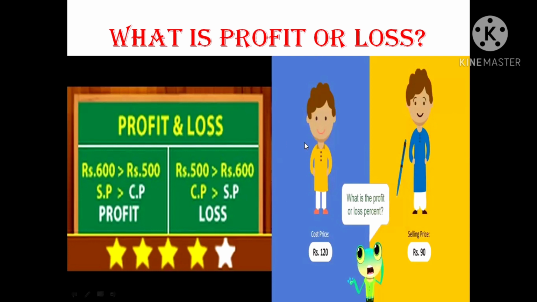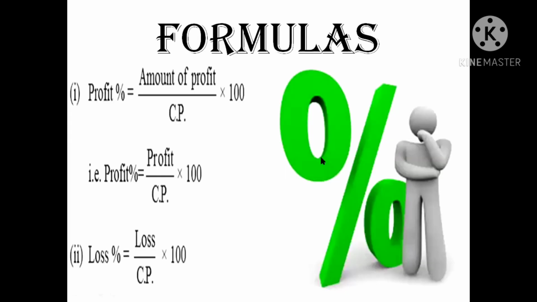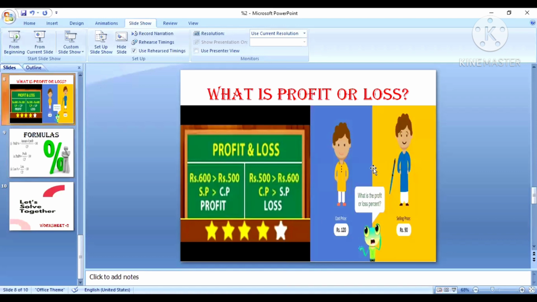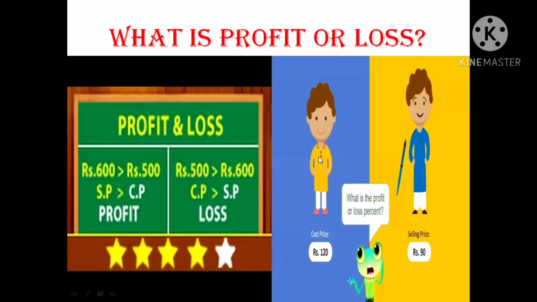Is the one who purchased it getting a profit or a loss? Yes, it is a loss, because this person purchased for rupees 120 and sold it for rupees 90. Therefore, he is getting a loss.